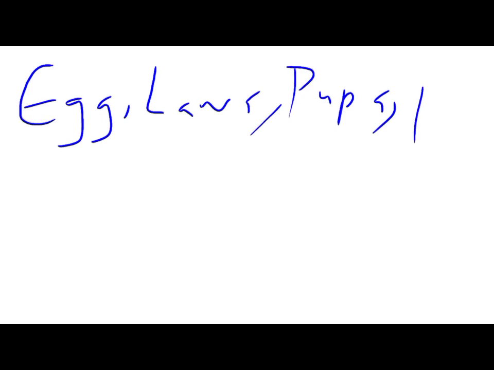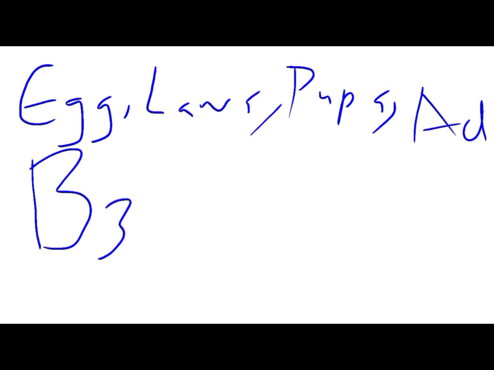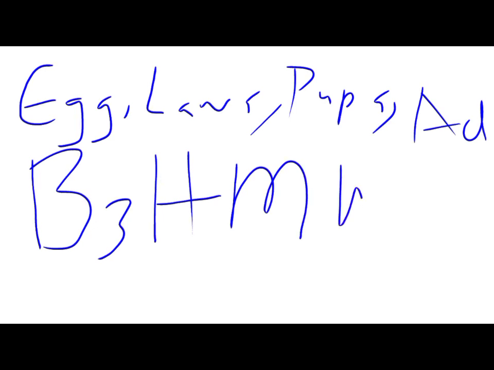Now, to talk about the types of insects that make use of this complete metamorphosis, or that develop in these four different stages, I'll use the acronym B3HMW.